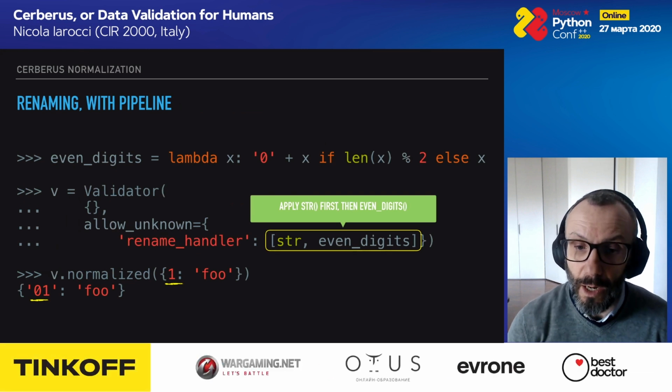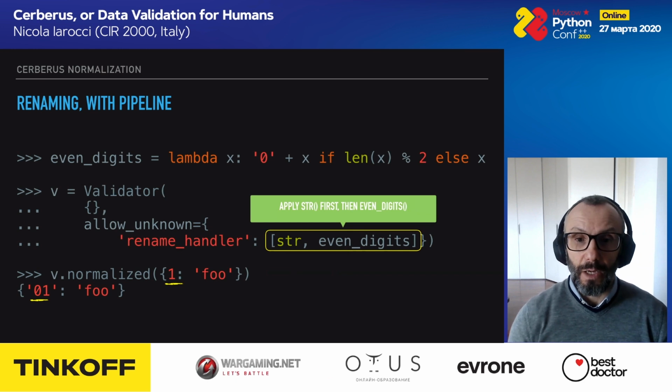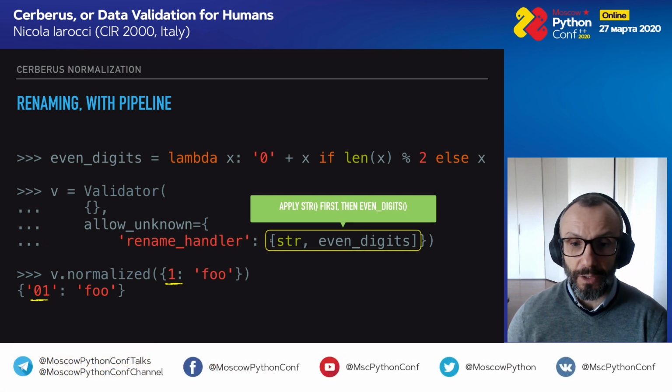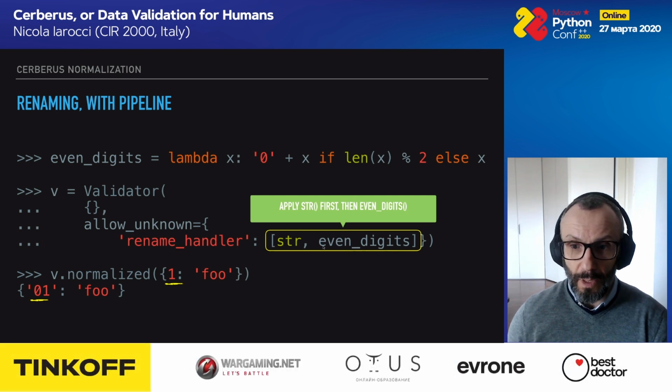More so, you can have a pipeline. For example, here we have a function which returns only even digits, and our rename handler is defined as a pipeline. You see, we are using a list. When we do this, the transformation will be applied in sequence, starting from the left side of the list down to the last one.